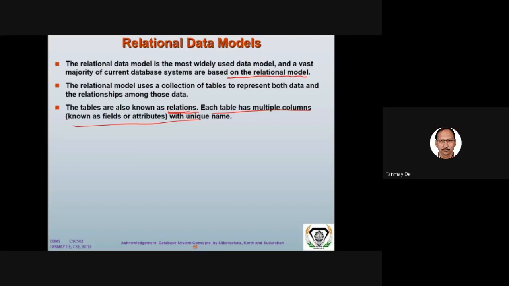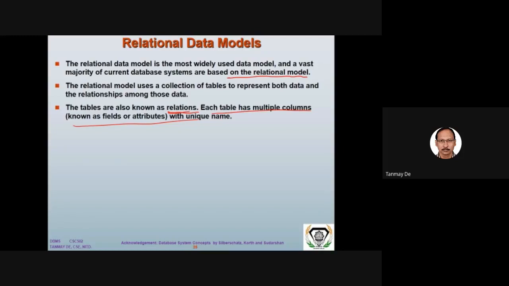Table and relation are synonymous terms in the relational model. The customer relation is described by multiple attributes, such as customer name, customer city, customer phone number, and so on.